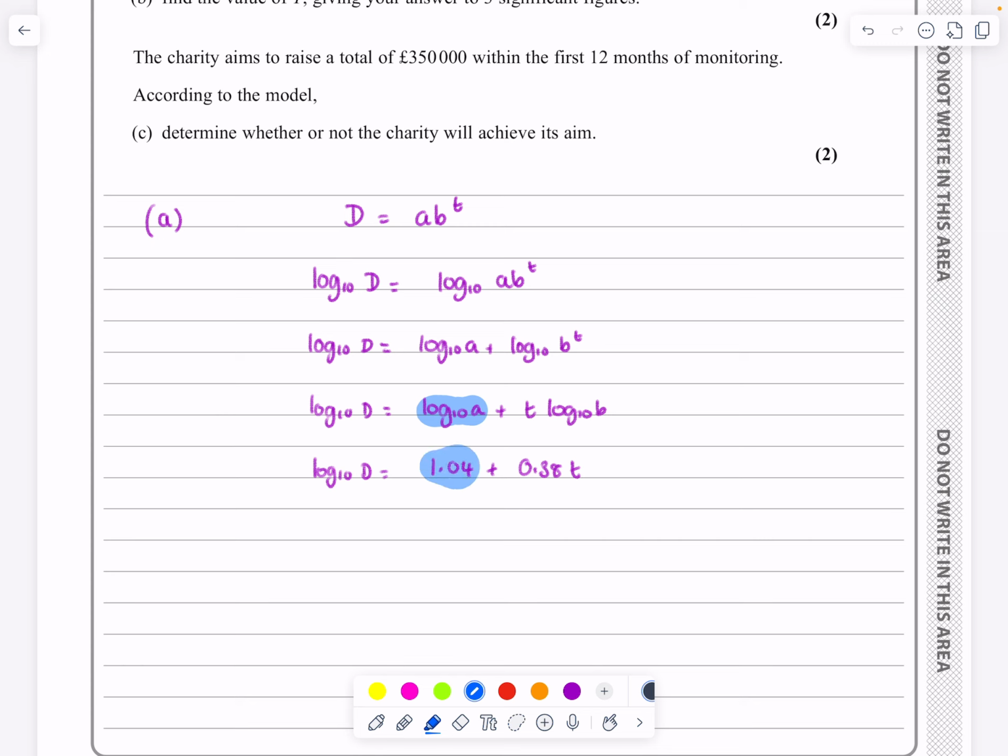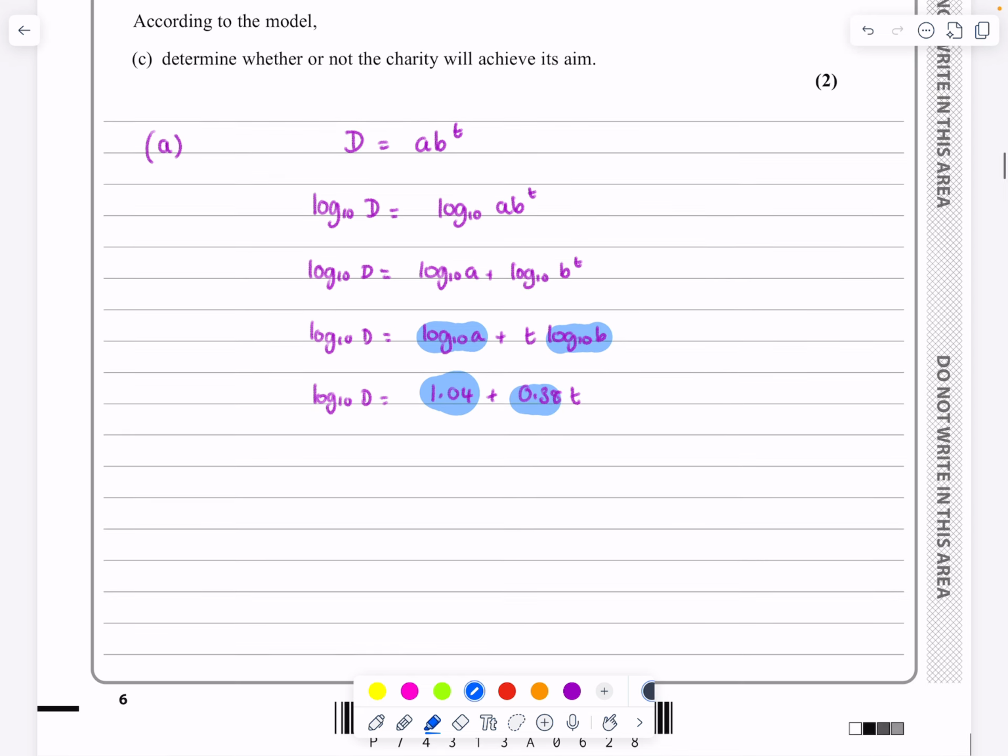Log 10a is going to be 1.04, and then the coefficient with the t there is the same as the coefficient with the t there. So I'm going to get log 10a is equal to 1.04 and be able to solve that. And I'm going to get log 10b is equal to 0.38 and solve that.